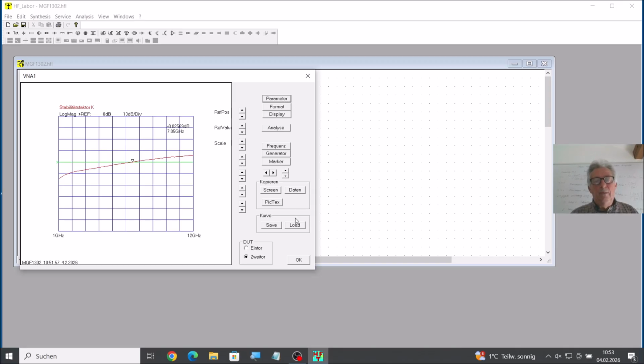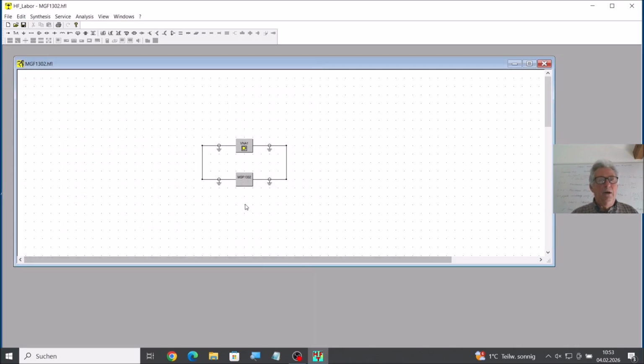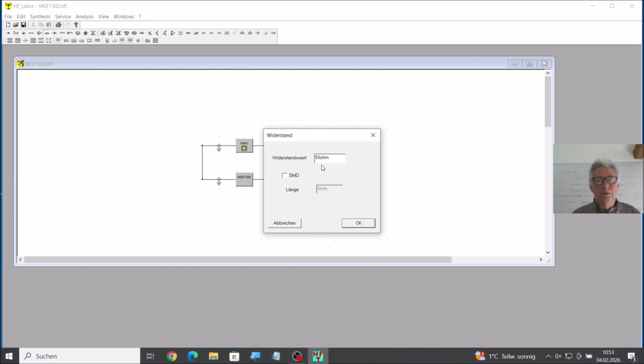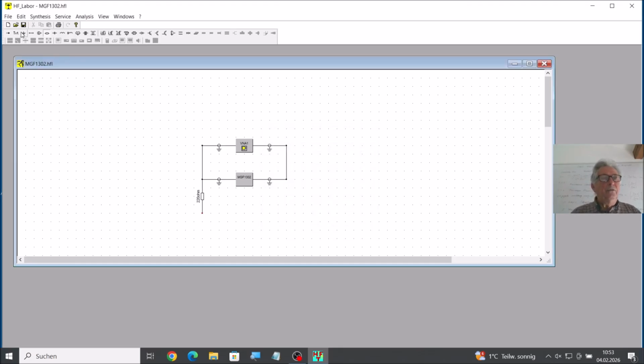And we know that we can stabilize our transistor using a resistor parallel to the input, and this resistor parallel to the input we choose to have a value of 220 ohm, and of course we must connect this to the ground.